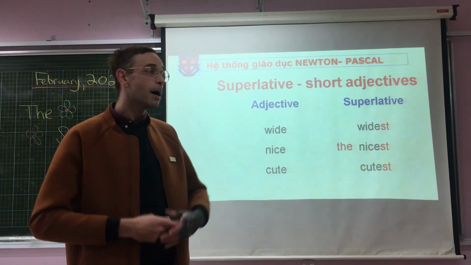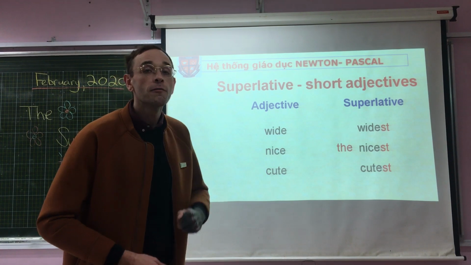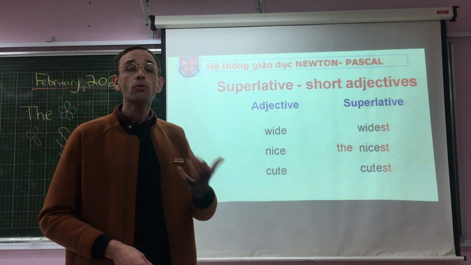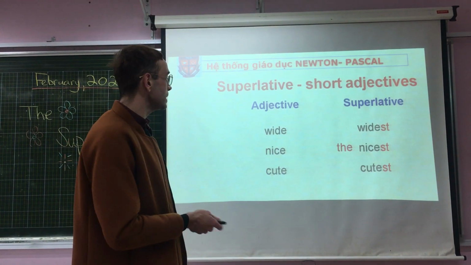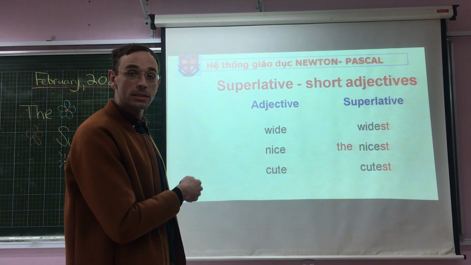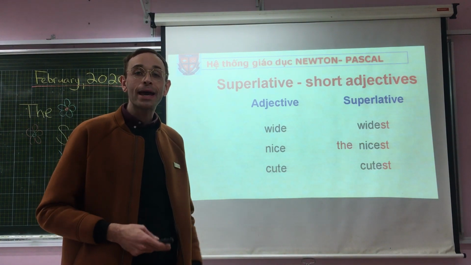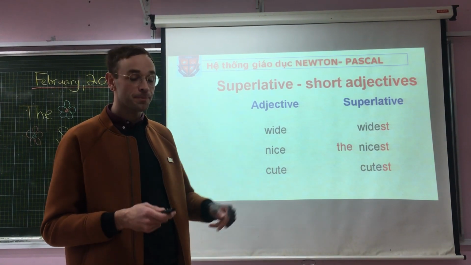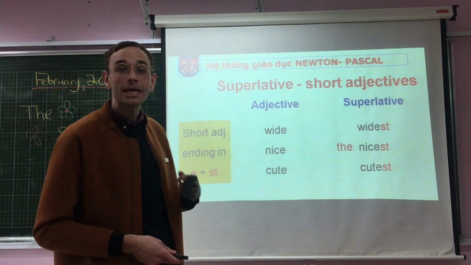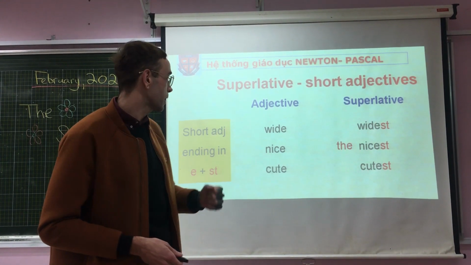Okay. So what about adjectives that end in the letter E? For short adjectives that already end with the letter E, like the adjective wide, nice, or cute, we do not have to add est, we only have to add st to the end of these adjectives, okay?